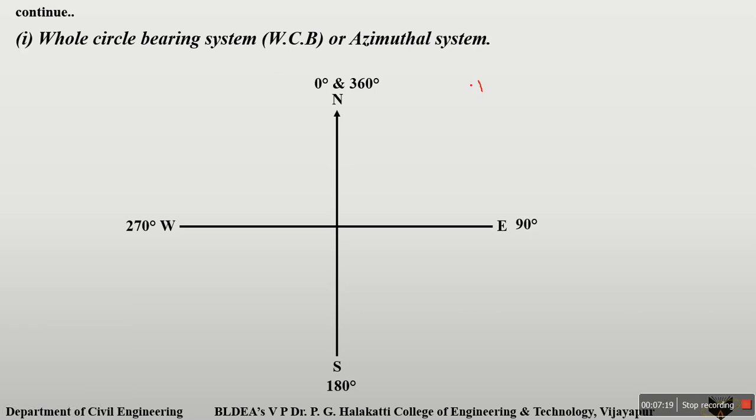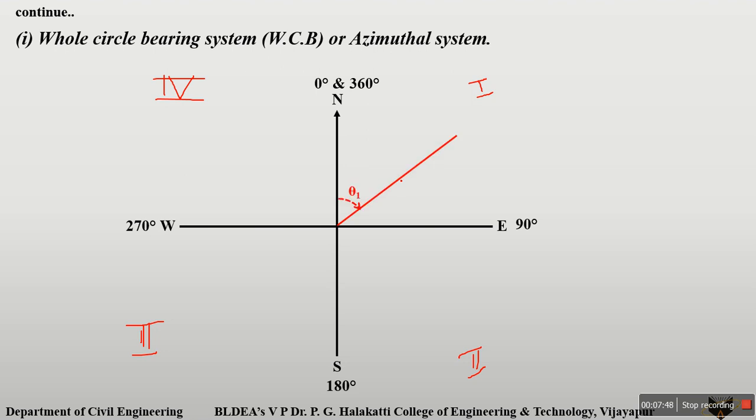This one we consider the first quadrant, this is second, this is third, and this one is the fourth quadrant. Depending upon the line's presence with respect to the quadrant, the measurement of a whole circle bearing is like this.